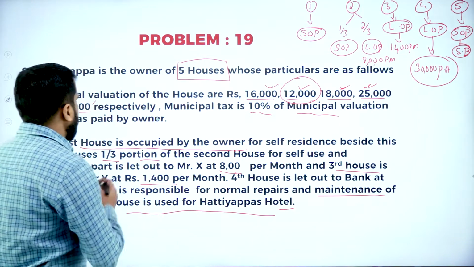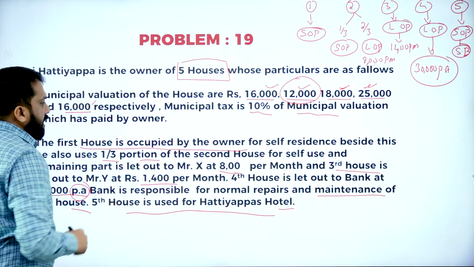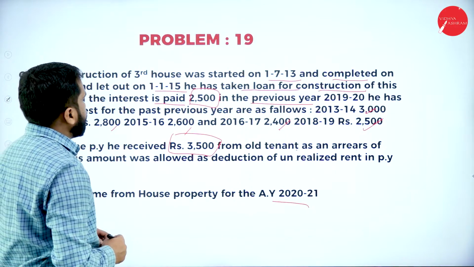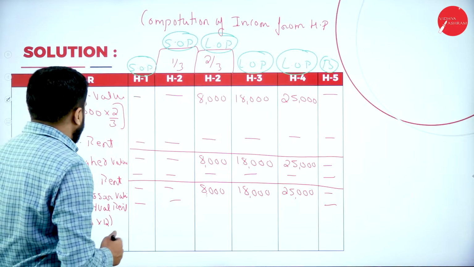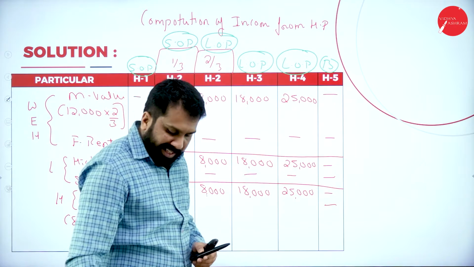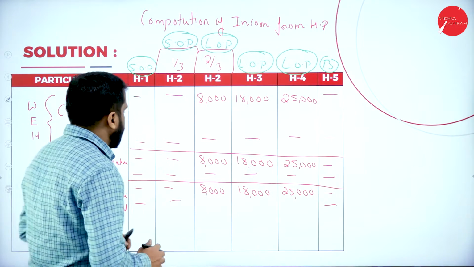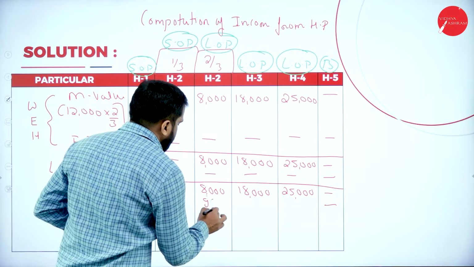We'll go for 800. Then your calculation will be 800 into 12. We'll see how much your answer will be. 800 into 12 is 9,600.